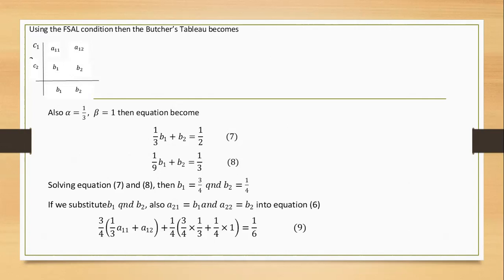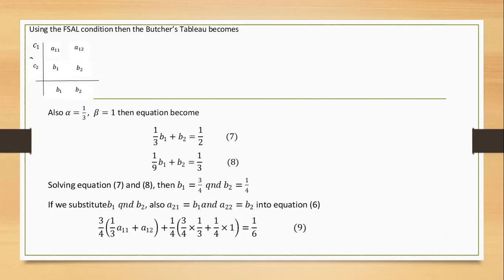Then I substitute B1 and B2 into equation 6 or equation 9 over there, and I also know that A21 is now B1 and A22 is B2, from the Fasan condition. Then my equation 6 will be in this form.